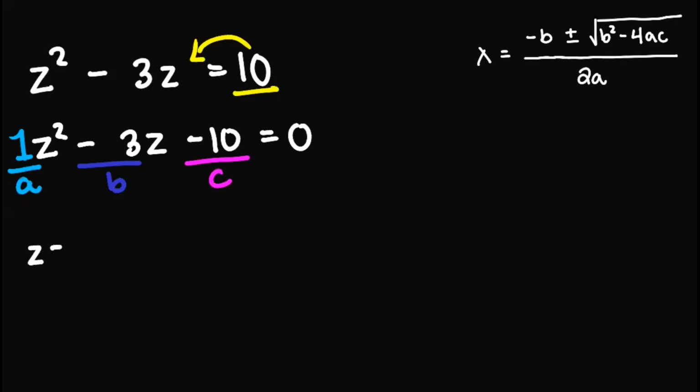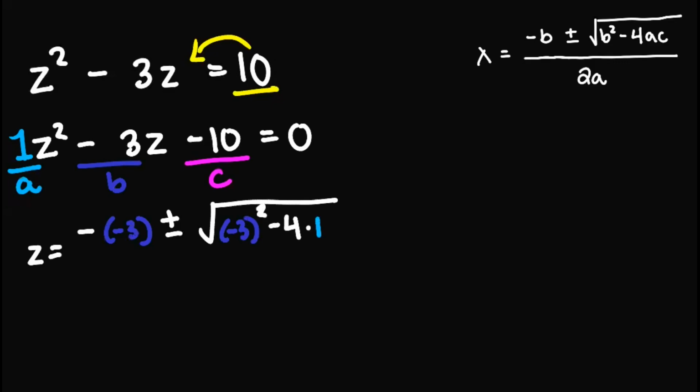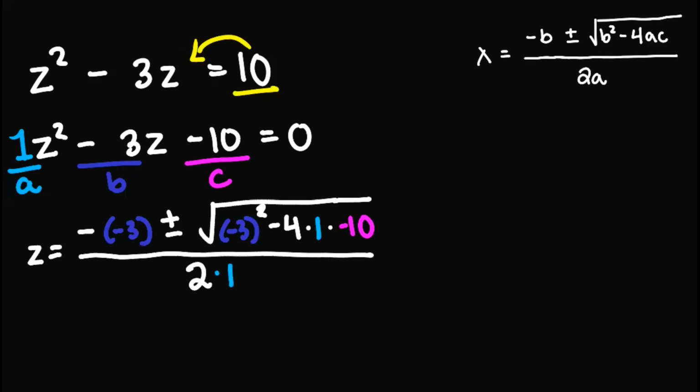So we know that z is equal to -b, which is -(-3), plus minus the square root of b squared, or (-3) squared, minus 4 times a, which is 1, times c, which is -10, over 2 times a, which is 1.